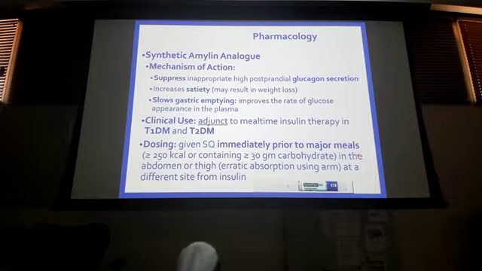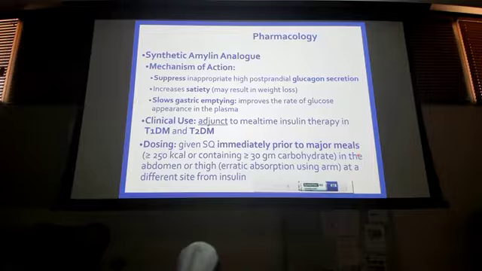Alright, we're talking about amylin here, and then ultimately its synthetic version, pramlintide, alright? So if you're not familiar with amylin, it's a pancreatic hormone that's released along with insulin, right? In our diabetic patients, the effect of the amylin is either going to be reduced or absent.